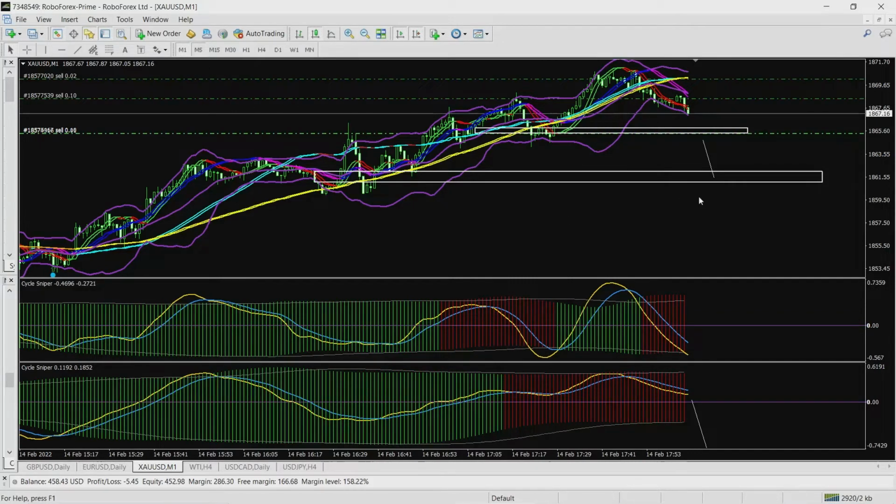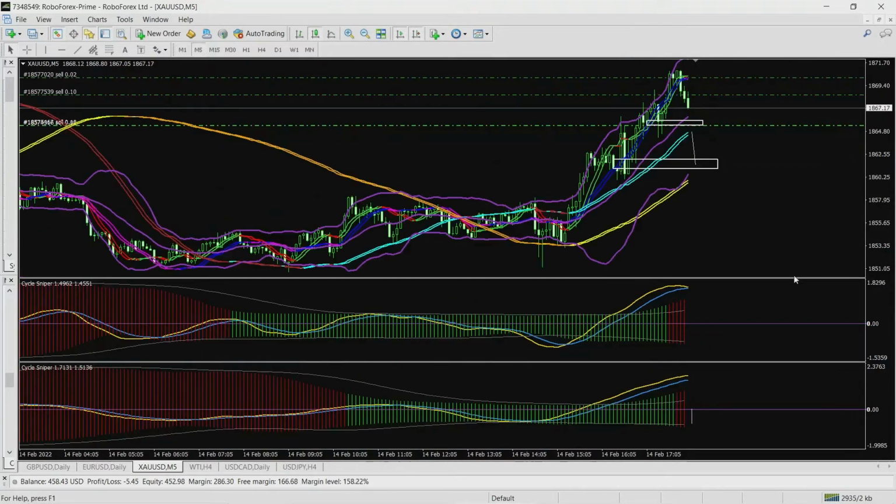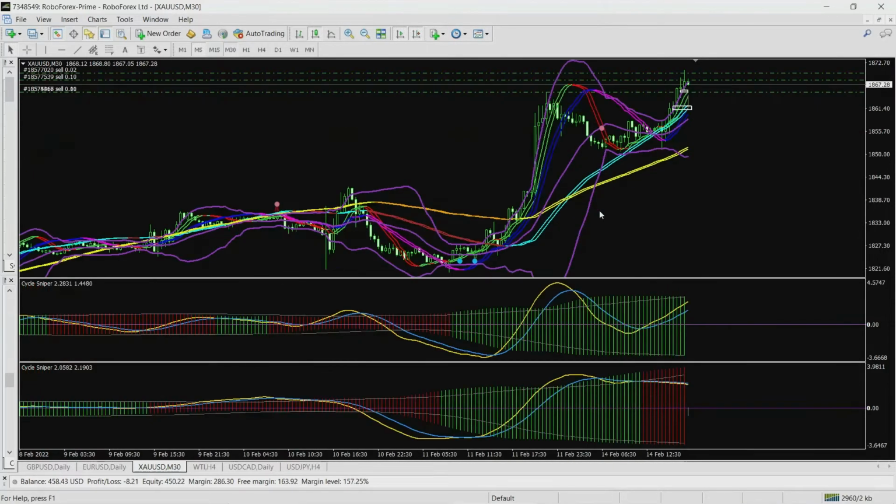When we go back to 5 minutes chart, this is my first target, 1861 something, but 30 minutes, somewhere here it will retrace.